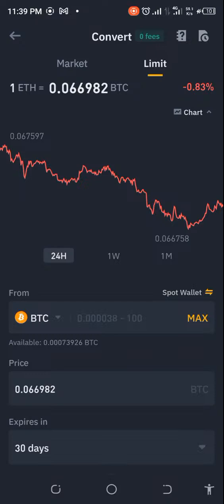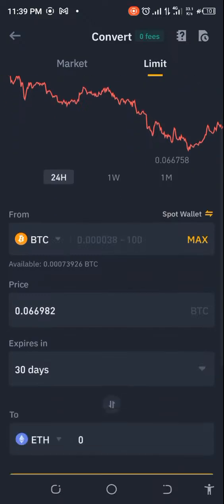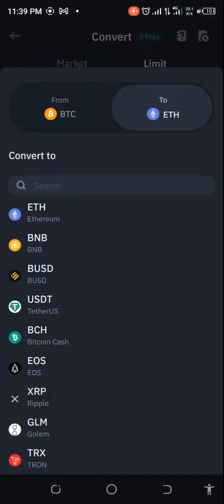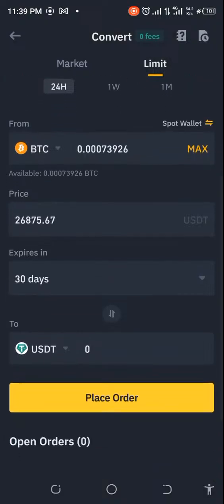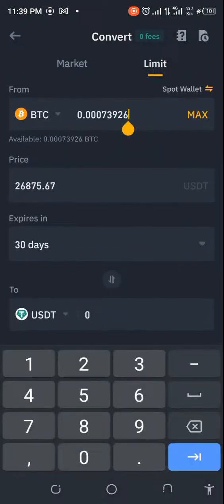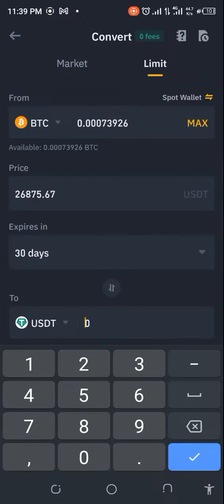So if I put in the max here, but first, what do we have here? Oh, this is supposed to be USDT. All right, so let me put max here. And when you put max, you're going to have to click on enter. It will go to the next one. Then we'll see.